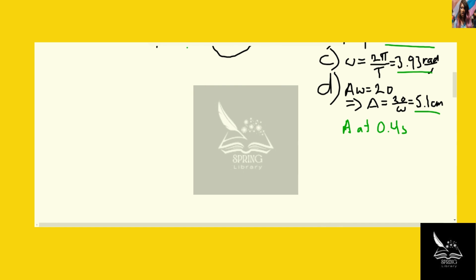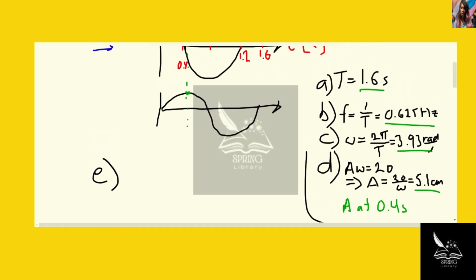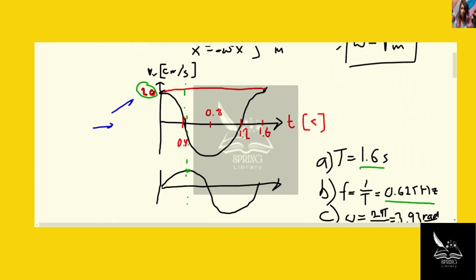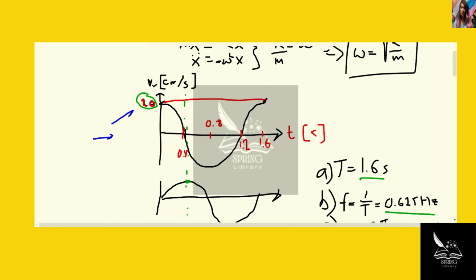Let's go to the left-hand side. E, we're asked at what point we reach the maximum acceleration. And acceleration is the derivative of velocity. And the maximum velocity for a cosine is when it reaches 0 here and here.